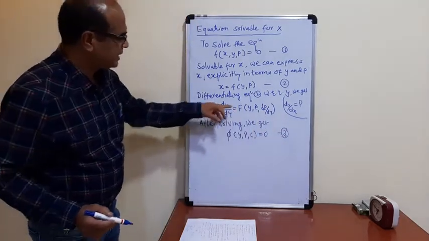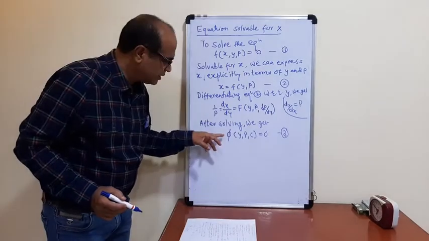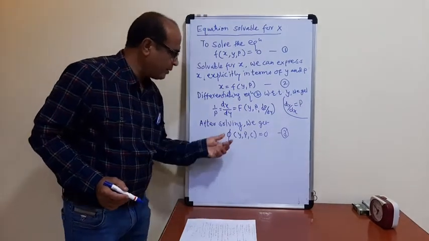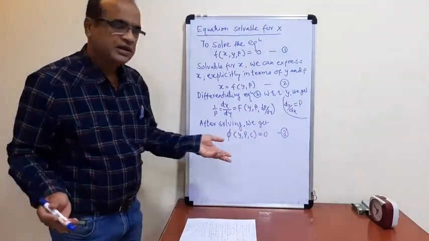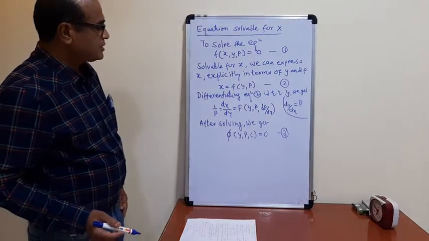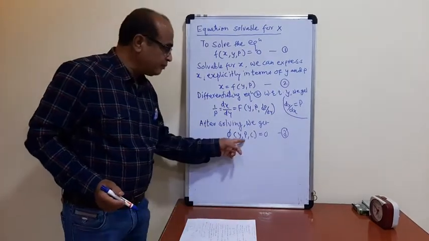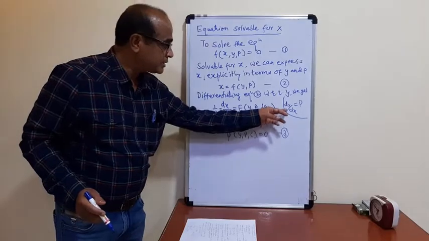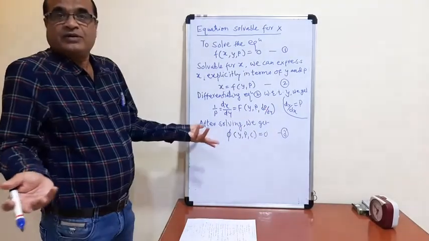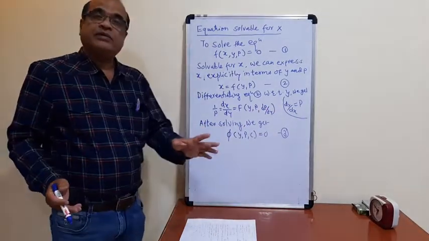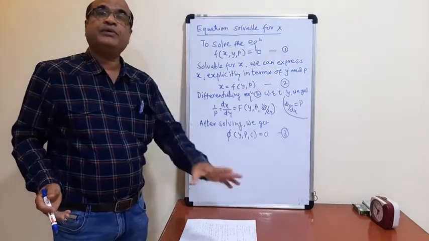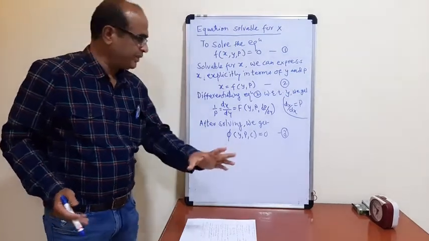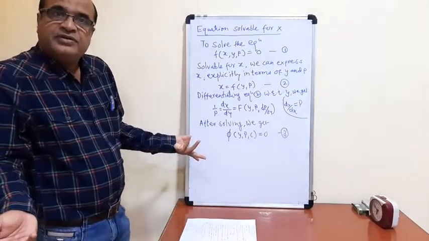After solving this, we get the solution, that is phi of y, p, c is equal to 0. So in this solution also we get p is dy by dx. So what is the solution? If we remove dy by dx, if we remove p, then we get the solution.